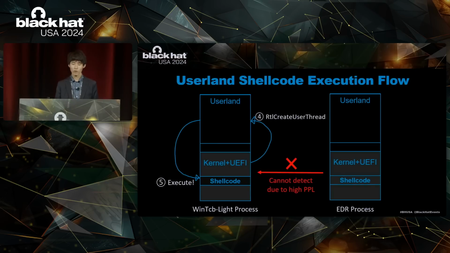So next, the runtime DXE driver calls the kernel export function called RtlCreateUserThread to create a new thread in the PPL process and execute the shellcode. This cannot be detected by the EDR process because the PPL level is not high enough. This is the overall flow of shellcode execution.